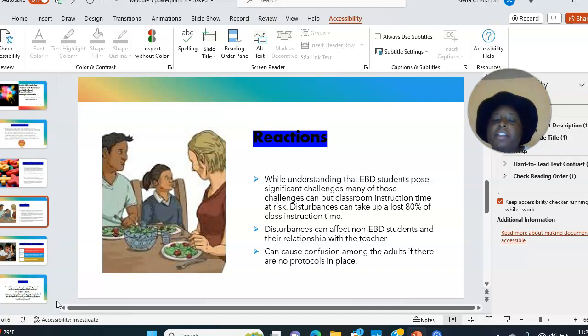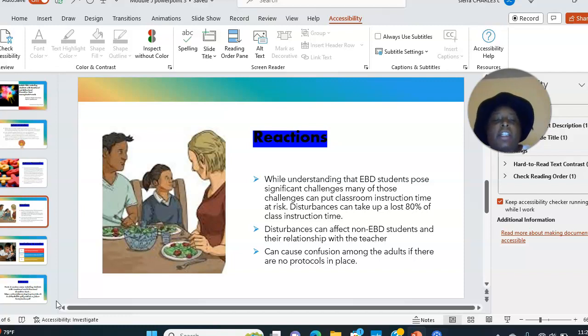Reactions. While understanding that EBD students pose significant challenges, many of those challenges can put classroom instruction time at risk. Disturbances can take up to a loss of 80% of class instruction time. Disturbances can also affect non-EBD students and their relationship with the teacher.